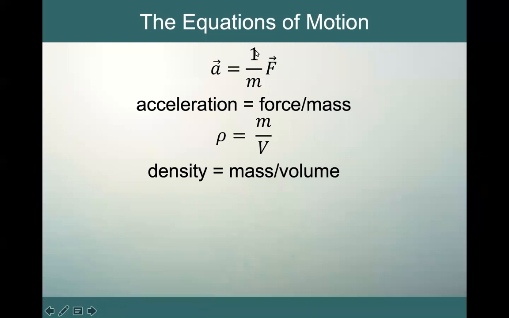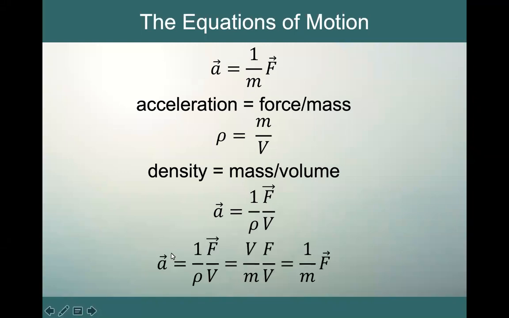If we rewrite this expression using the density instead of mass, and the force per volume instead of force, we get that our acceleration equals 1 over the density times the force per volume.